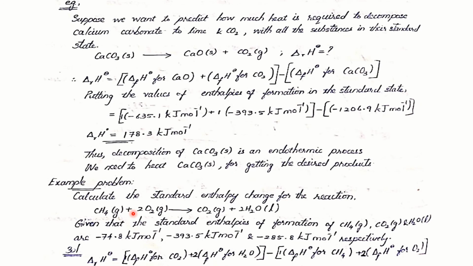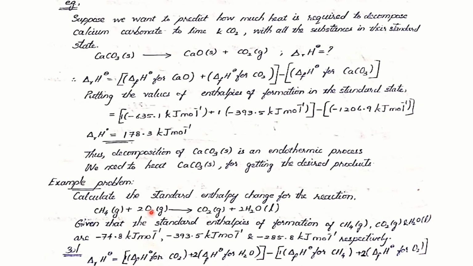Okay, so what are the products in this reaction? 1 mole of carbon dioxide and 2 moles of water. So let us add the standard enthalpy of formation of carbon dioxide with the standard enthalpy of formation of water. Also, you must not forget to multiply the standard enthalpy of formation of each product and reactant with its respective stoichiometric coefficient.